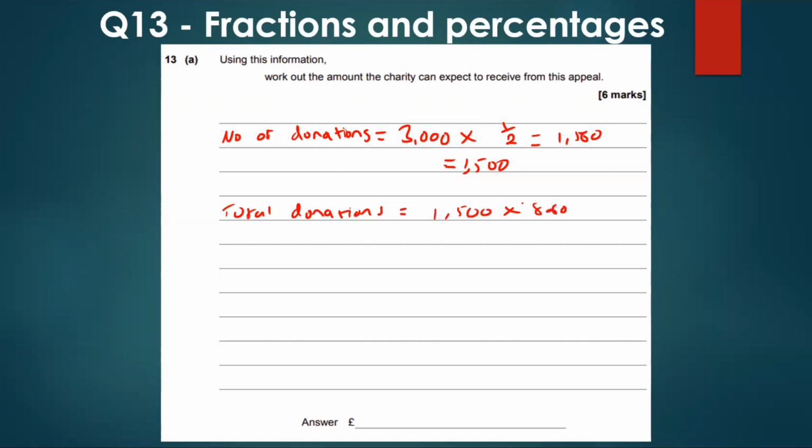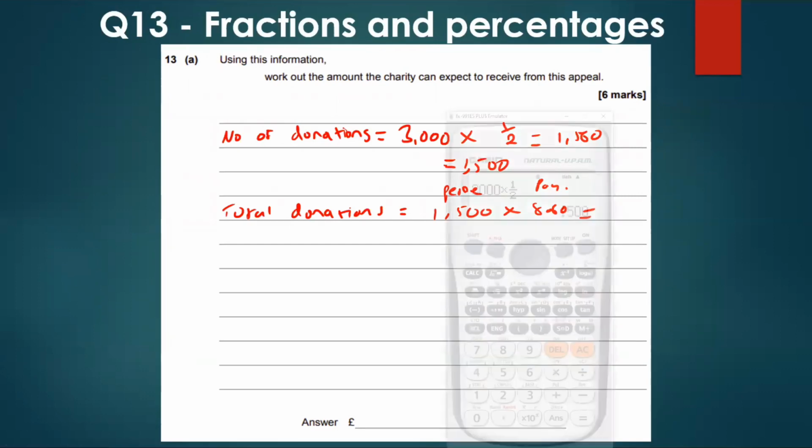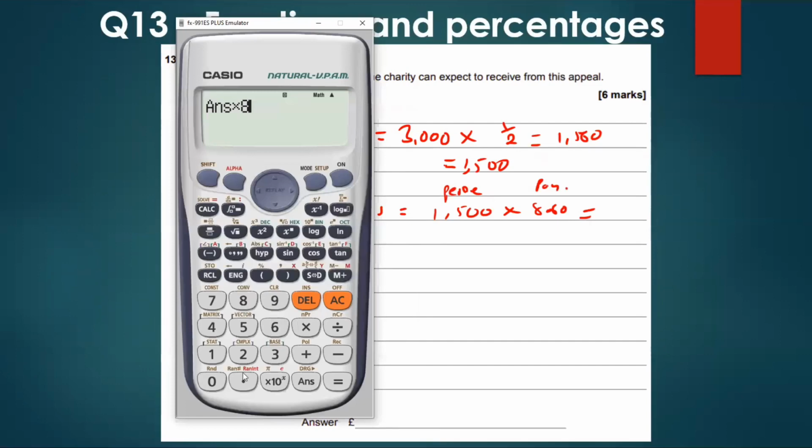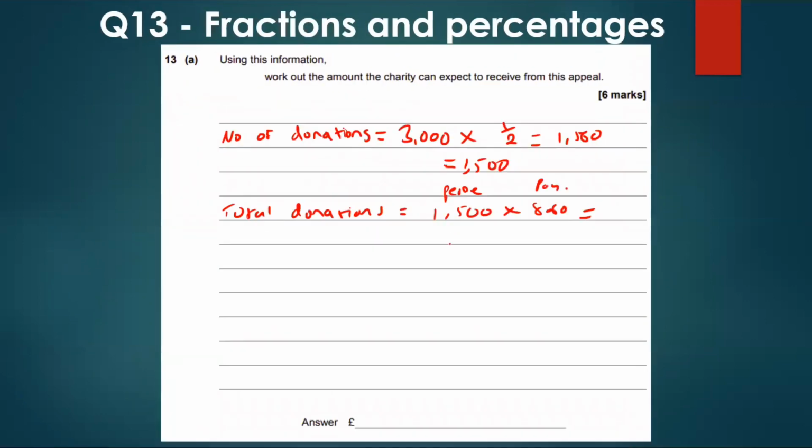So you need to times those together, because these are the number of people, and this is how much they pay on average. If you times the number of people paying by the average amount they're paying, it will give you the total donation that you got. So on a calculator, 1,500, I can just leave my same answer, times by £8.60. I actually get 12,900. Oh, sorry guys, that's actually 12,900. Okay.